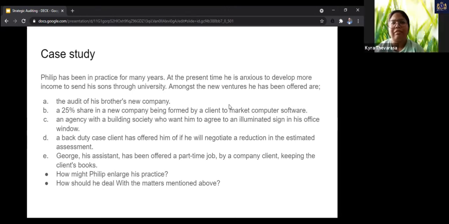I think this one goes back to this advertising part, where basically he should not be related or in relationships to any clients or company, even though this is just a sign on the window. Because as my understanding, auditors have to be neutral regardless of anything.